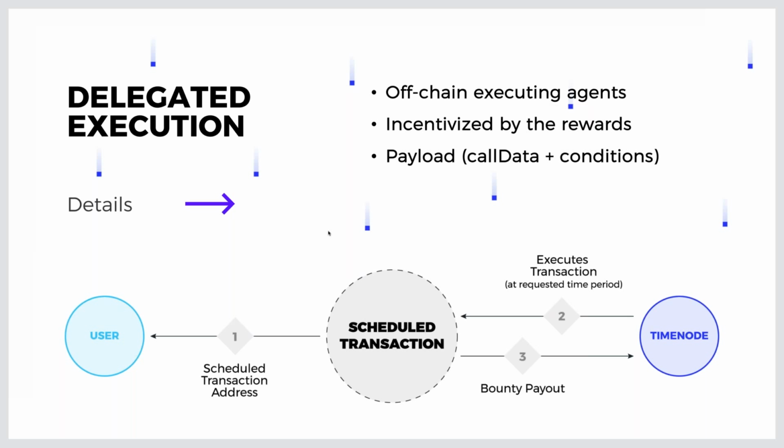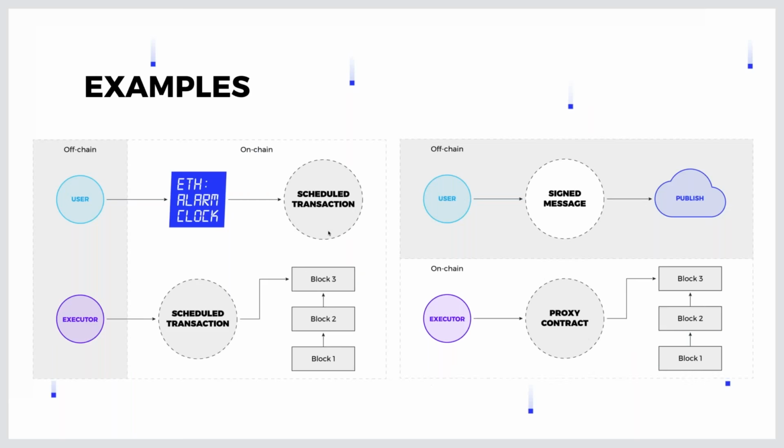In the case of the Ethereum Alarm Clock, the conditions are the time of the execution, whether this is a time or a block. We are also working on another protocol called Chronos, which is going to generalize the conditions. So besides putting in the time, you can also put in any condition for the state or events.